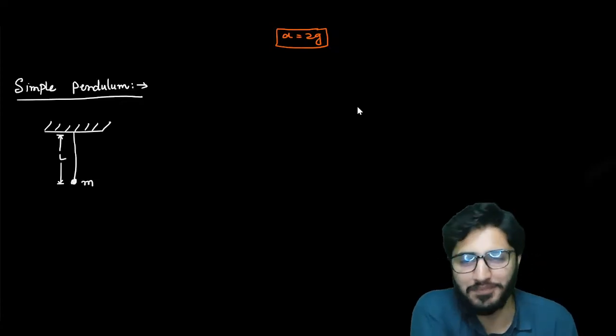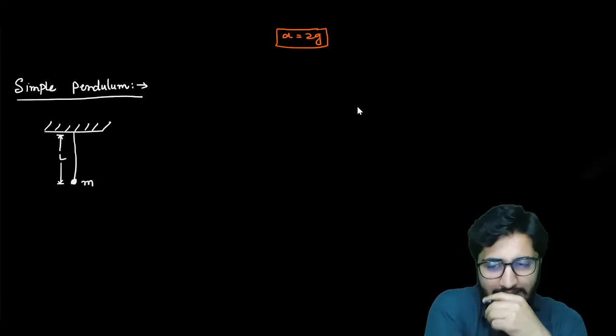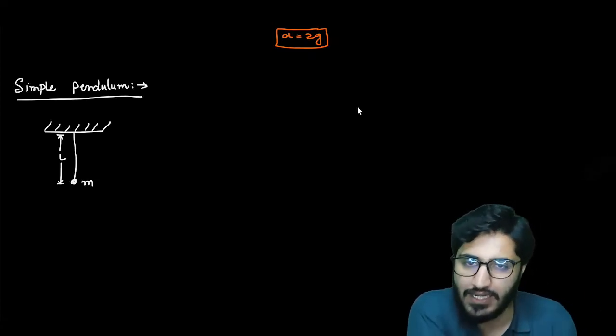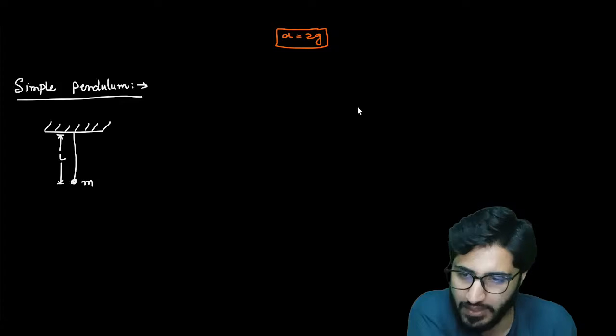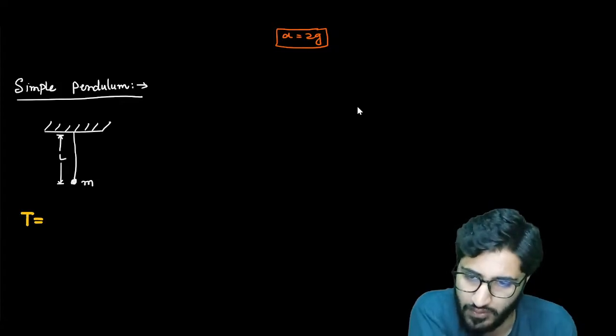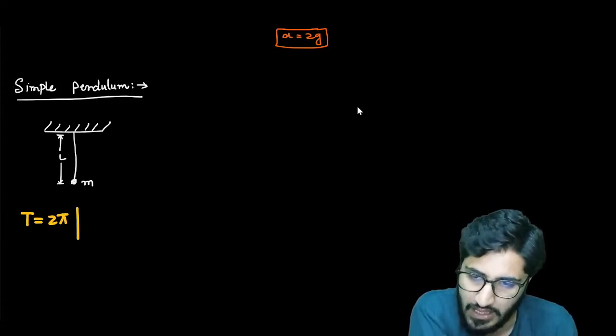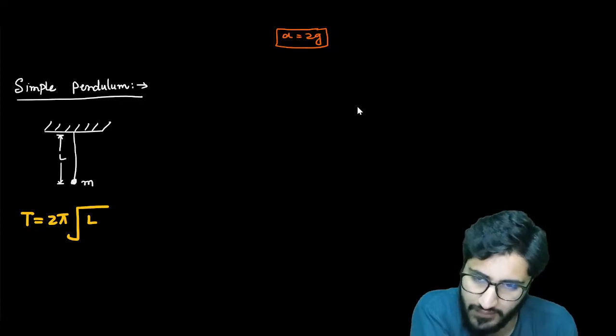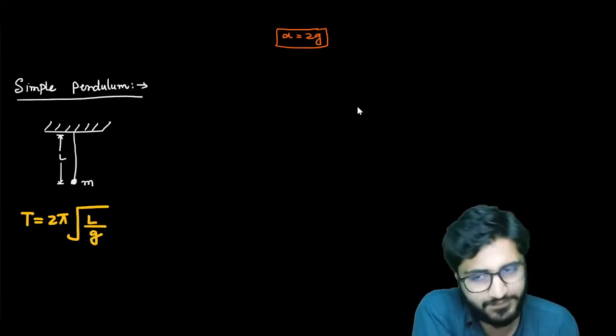So in a simple pendulum, a mass is hanging. What can we write? The time period of this pendulum will be T equals 2 pi under root of length of string divided by the gravity acting on it.